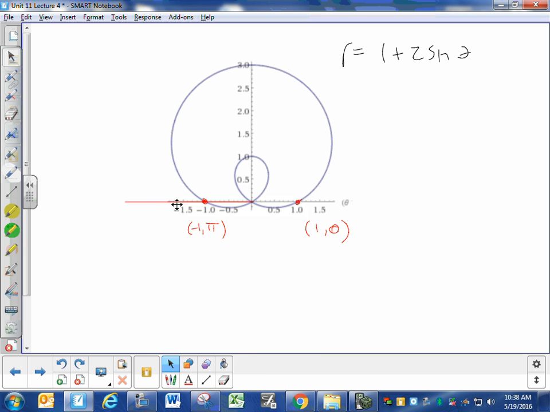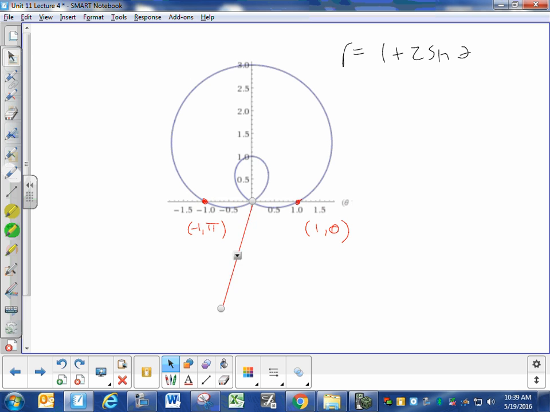When I go to angles beyond pi, what is going on with my radiuses? This is between pi and 2 pi. What are the radiuses? They end up starting to become negative once I get to a specific angle. It looks like right here. Once I get here, the radius becomes negative.